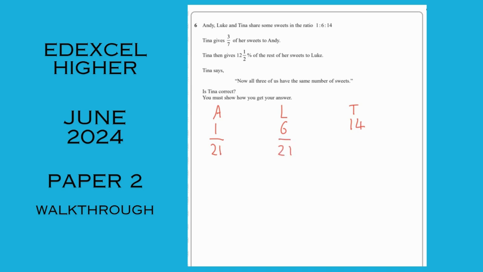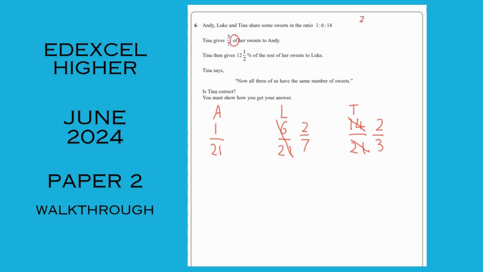So we can write each of these as being over 21. Now when Tina gives 3/7 of, that doesn't mean take away 3/7, because don't forget the word of in maths means times. Oh, forgot I cancelled them down.